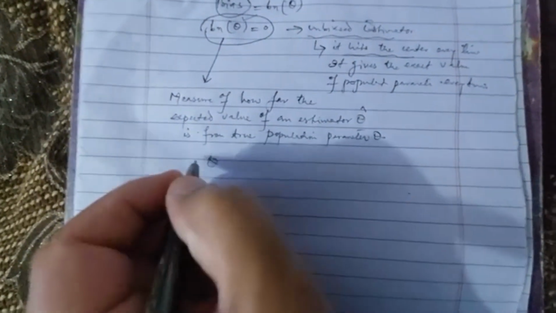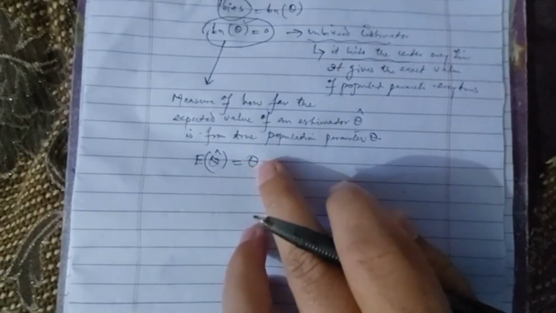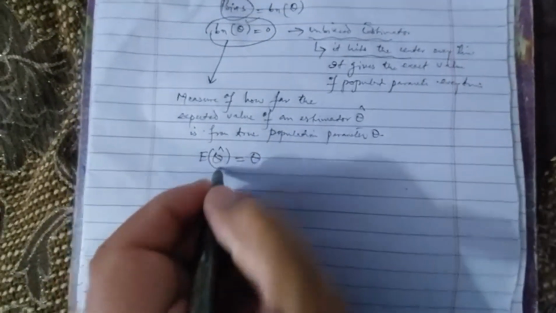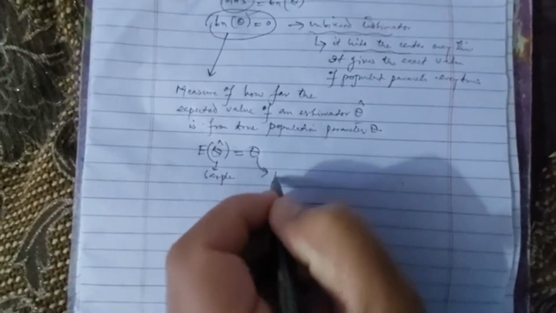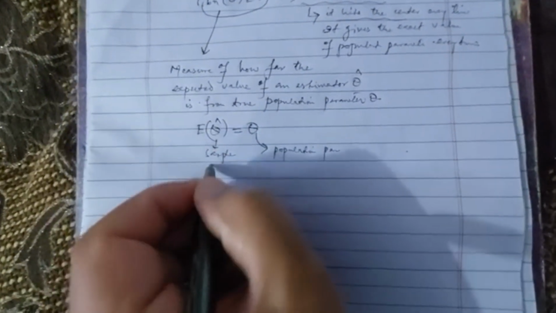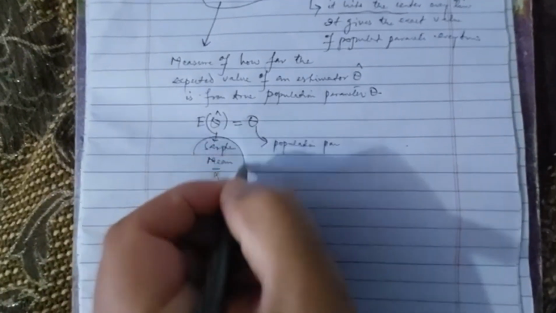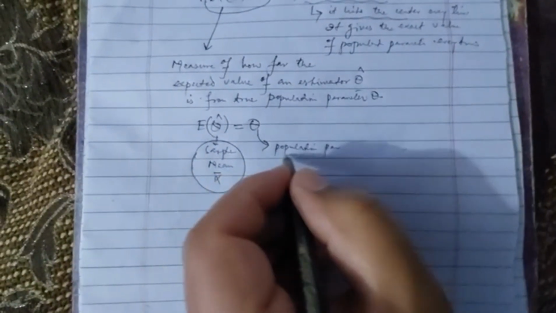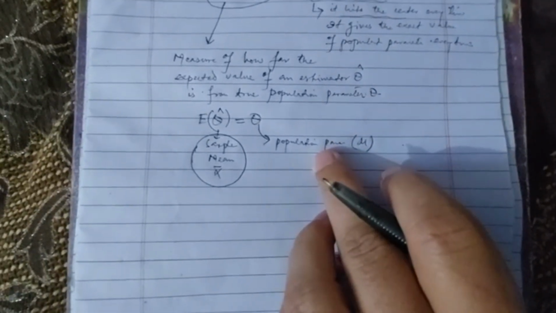Okay, we know that we use estimator theta to find the value of the true parameter theta. We use sample data to predict the value of the population parameter. For example, we use the sample mean, x bar, to find the population parameter mu, the mean of the population.